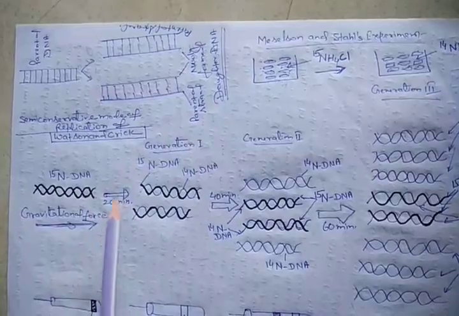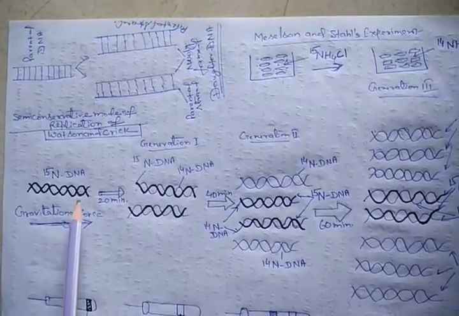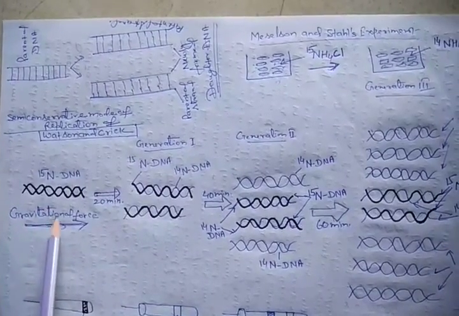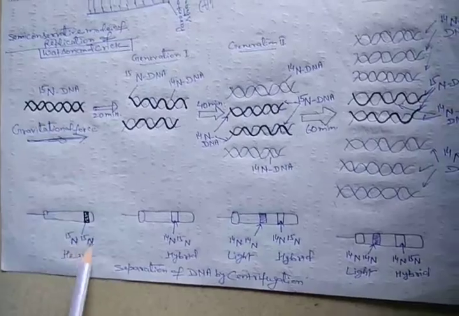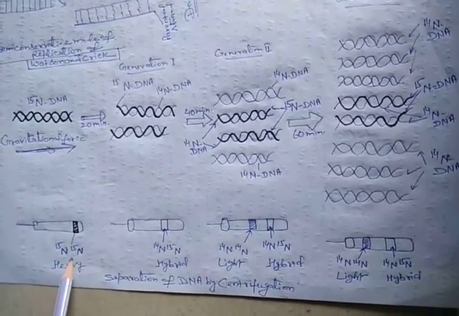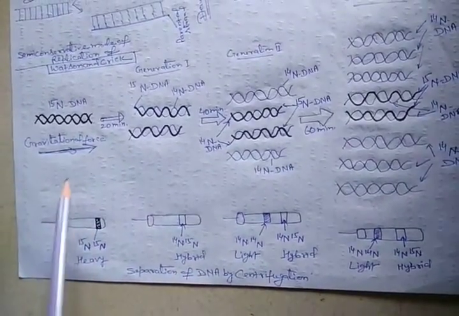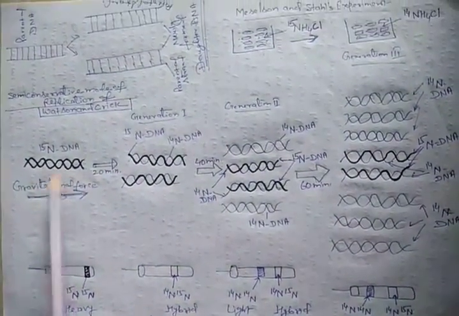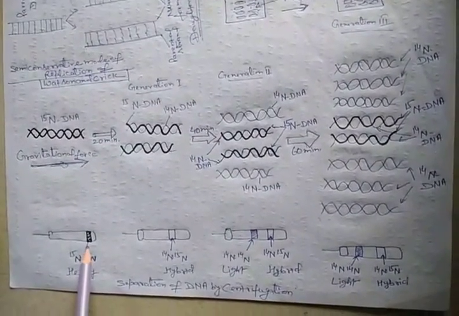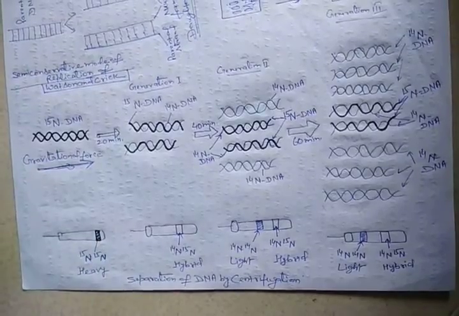When centrifuged in the centrifugation machine, it shows this density, having only N15. They centrifuged till the DNA settled at a fixed position. Suppose this is the position, this is the density.